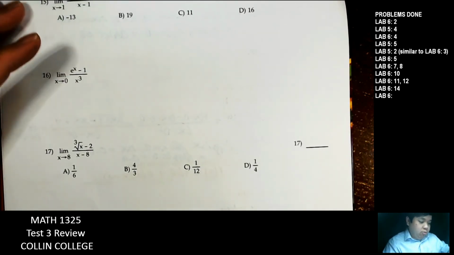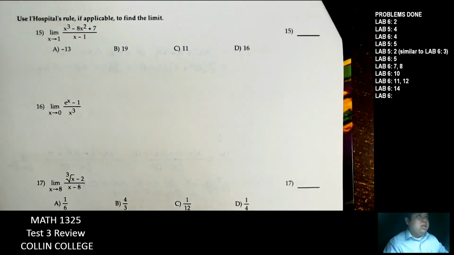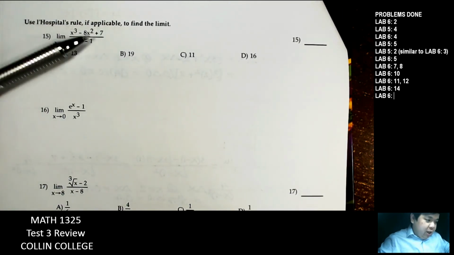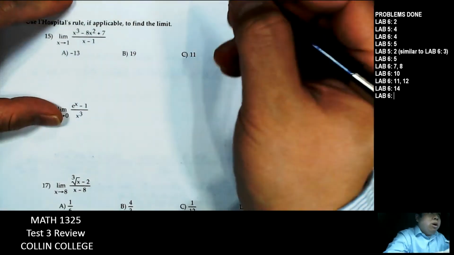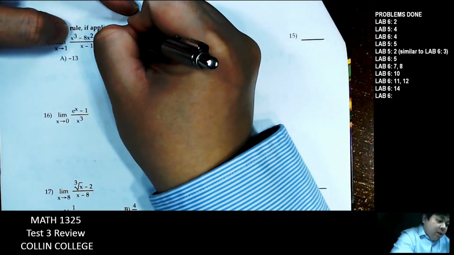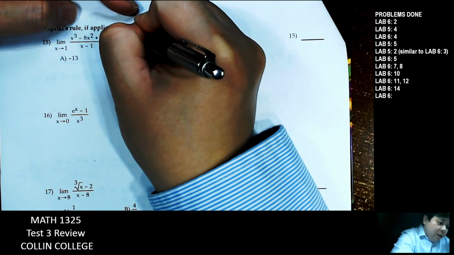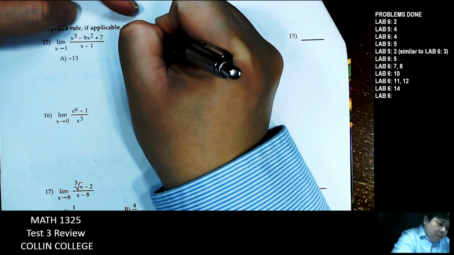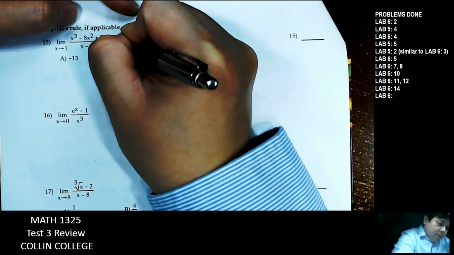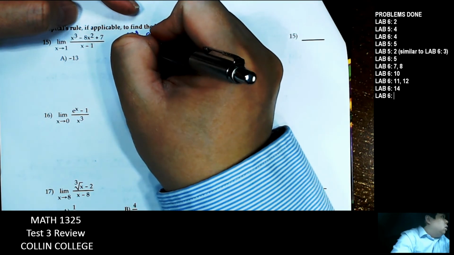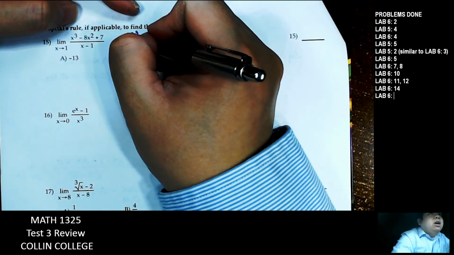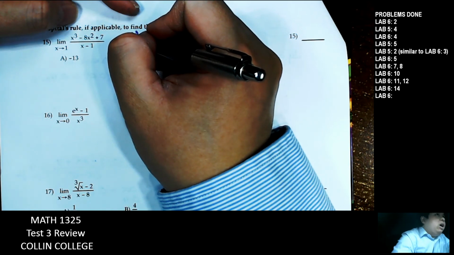At x going to positive or negative infinity, only the highest power term matters. Right, so we can do that.